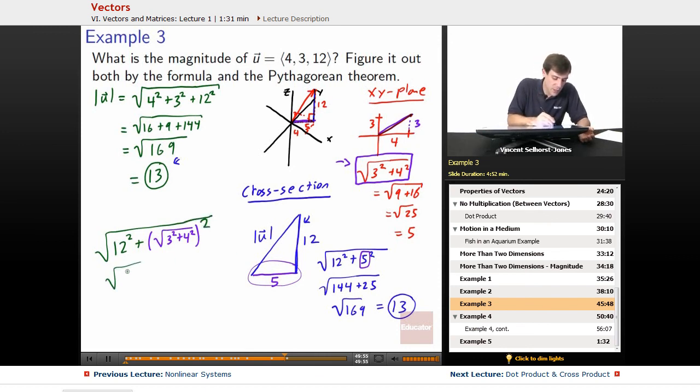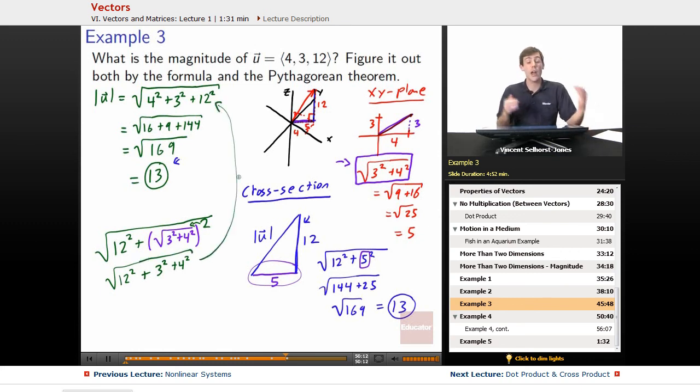Well, hey, that means square root of 12 squared plus, if we've got a square root then being squared, right, squared on top of square root, that cancels out. We've got plus 3 squared plus 4 squared. And hey, look, that's the exact same thing that we've got up here. And so that's where we're getting the ability to just stack them all together, because we have to figure out one cross-section after another cross-section.